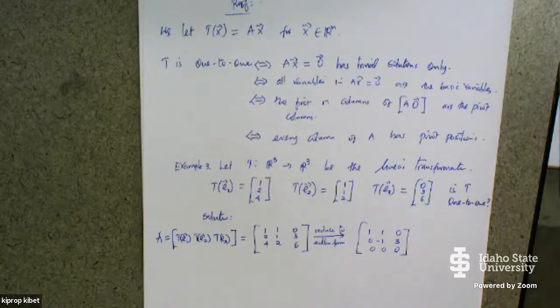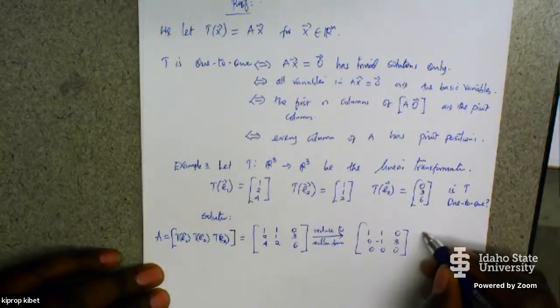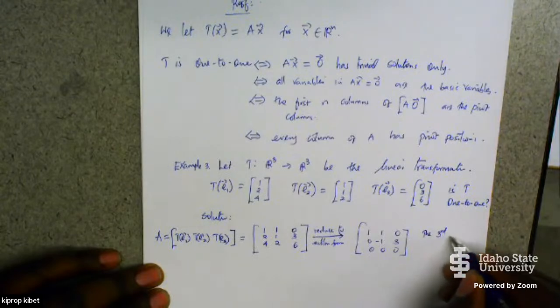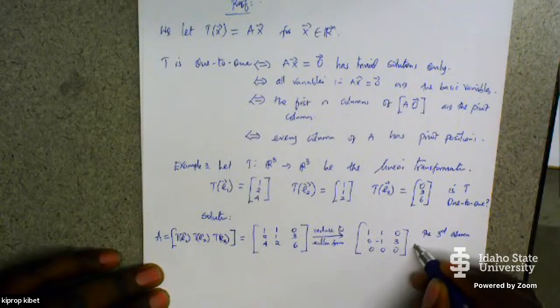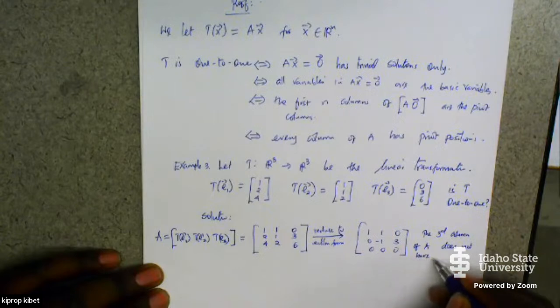So looking at this, the third column of A does not have a pivot position.